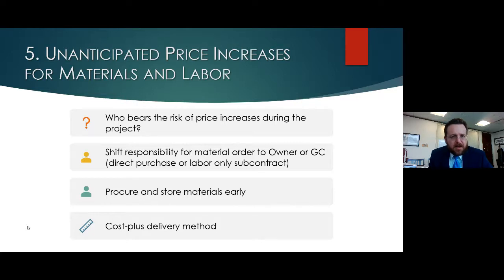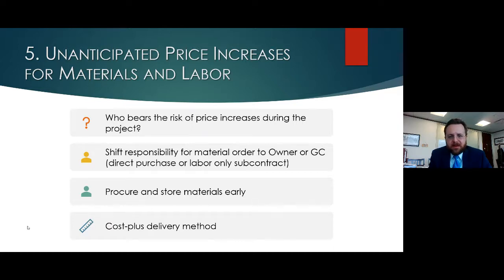A couple of practice pointers and project management tips. We talked about procuring your materials early, but if you're subbing out any of your work to a sub, if you're subbing out labor, buy it out early. And by buy it out, I mean lock your sub into a signed subcontract at the very beginning of the job.